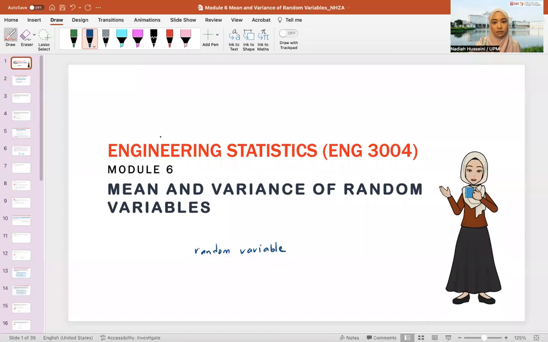So we're going to continue with that on module 6. Sorry, this is module 5. Module 6. Am I screen sharing? Can you see? Okay, yes, you can see, supposedly. So that was what a random variable was. We talked about discrete random variables and also continuous random variables.